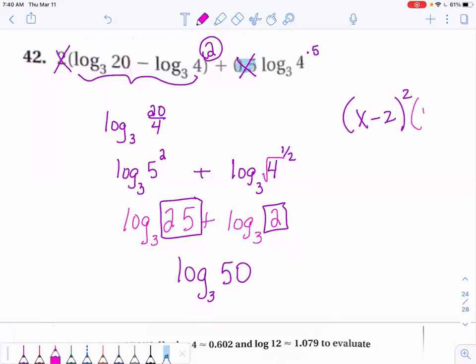It means that there are 2 of them. So if you do whatever's inside first, then you apply the exponent, you followed the correct order of operations. But an exponent doesn't distribute inside to a quantity to individual terms.